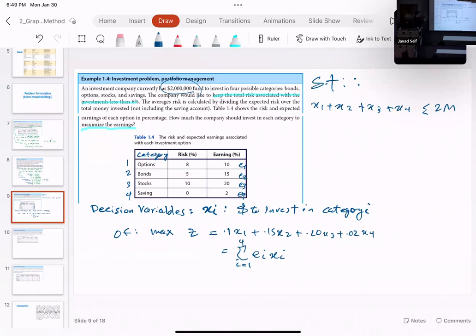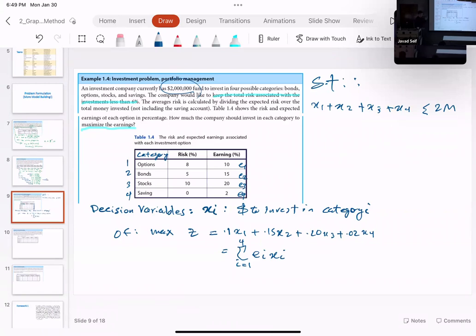Yes, but because this is a maximization problem and we don't see anything else, maybe. Because of the risk, we end up not investing all of it, right? Because one of them has a 0% risk, maybe everything else goes to saving. So I think in the optimal solution, some of the excess is going to be 2 million.